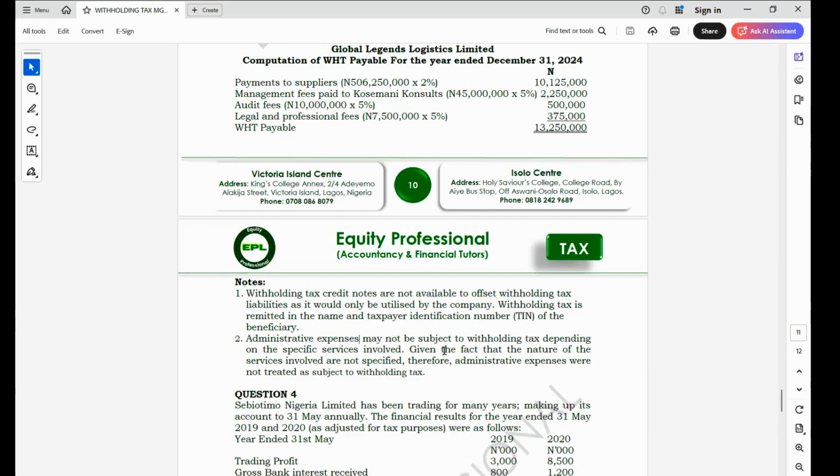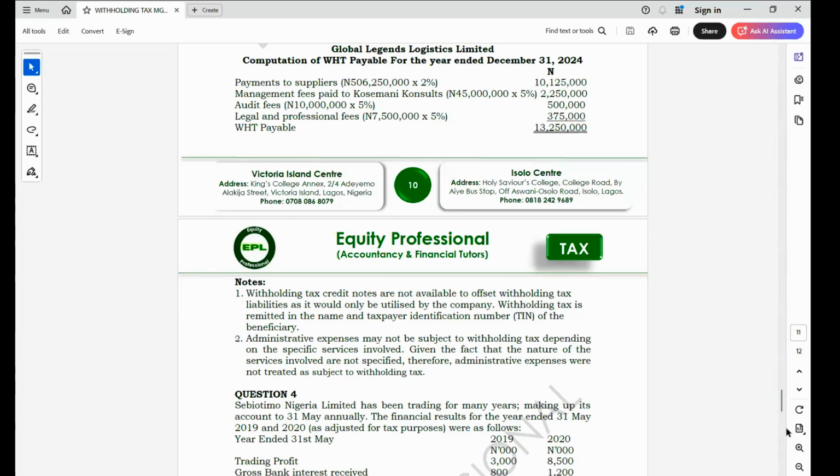But if you are given a question and they give you the breakdown of the administrative expenses, if there is any transaction there that attracts withholding tax, please don't say because it is administrative expenses, don't ignore it. That transaction that attracted will also be subject to withholding tax. So that is how to calculate and compute withholding tax as applicable. So any question?